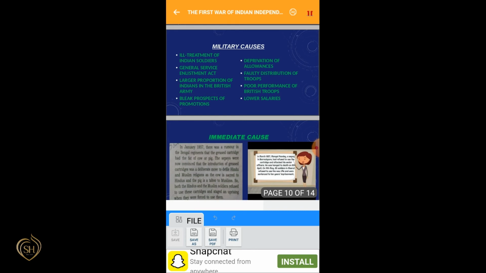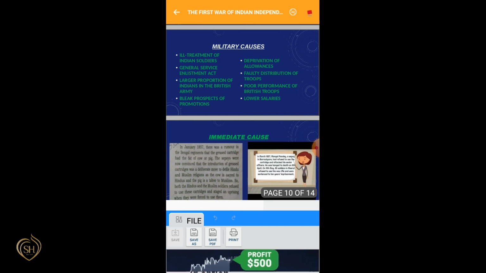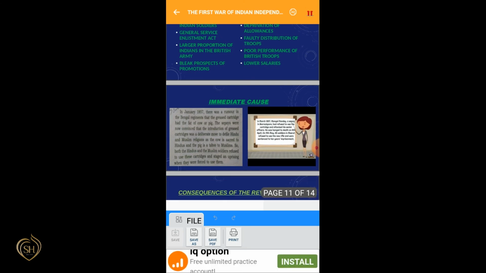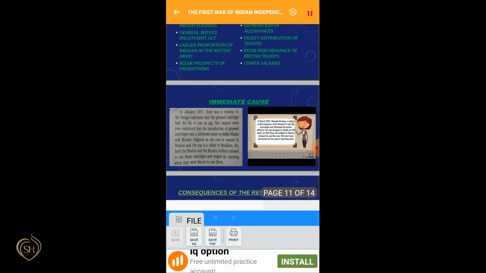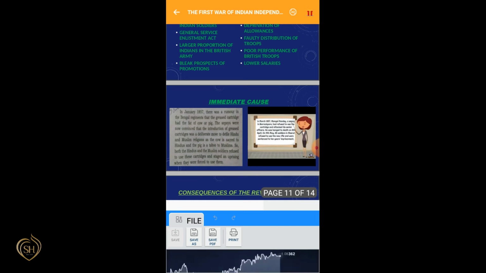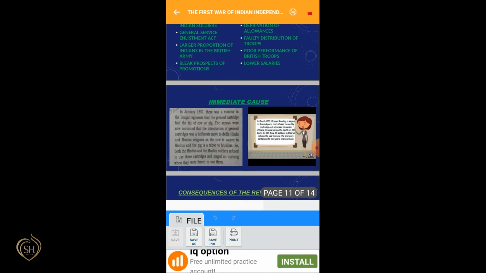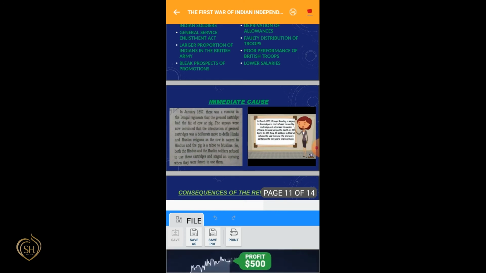And the next important cause was the immediate cause. We know that each and every incident has an immediate reason. And this first war of Indian independence also had an immediate cause. In January 1857, there spread a rumor in Bengal regiments about the greased cartridge.